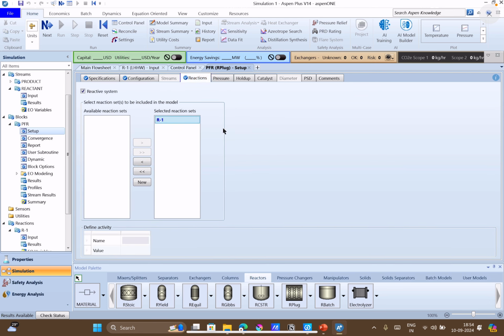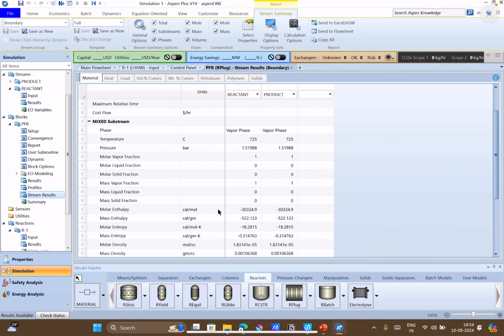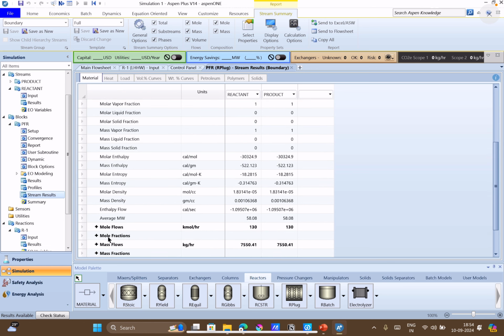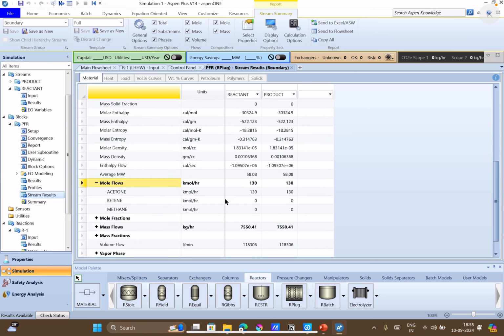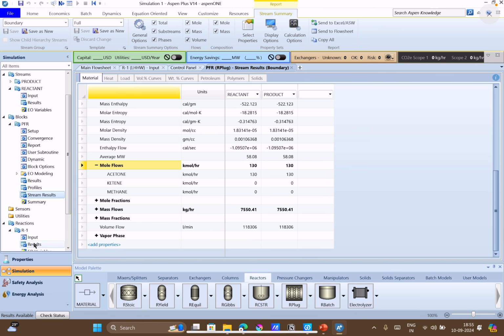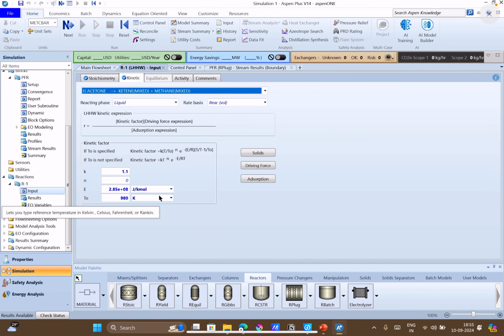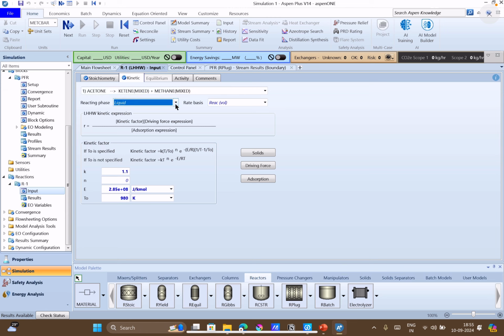R1 is added. Reaction has been added, then what's the issue here? Okay, 1.1 and 0 joule per kilomole. Yeah, see here, the reacting phase has been selected as liquid, but in actuality we have vapor phase.